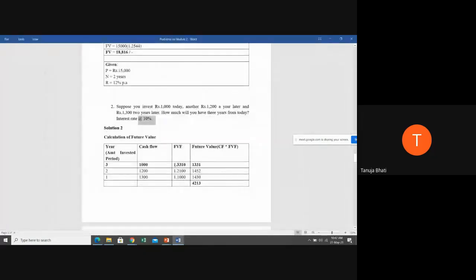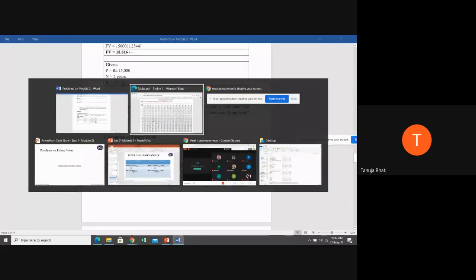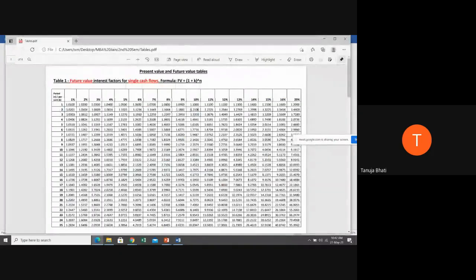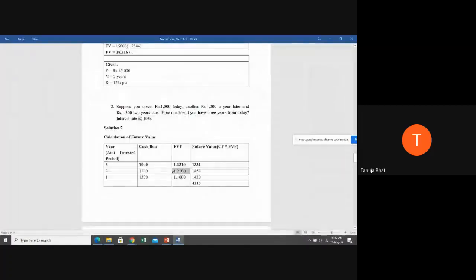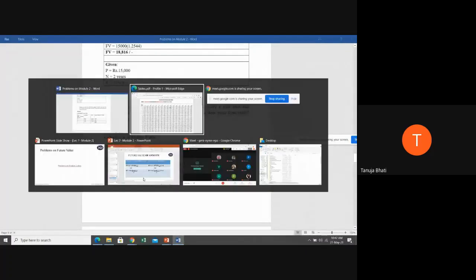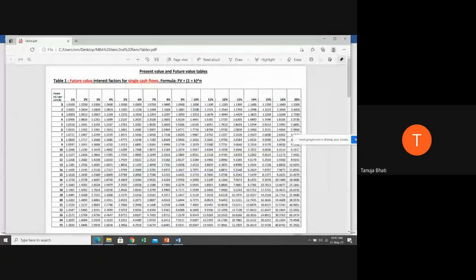So you write here 1.3310. Next, 2 years at a rate of interest of 10%, you are getting 1.2100. Next, 1 year at a rate of interest of 10%, which you're getting as 1.1000.